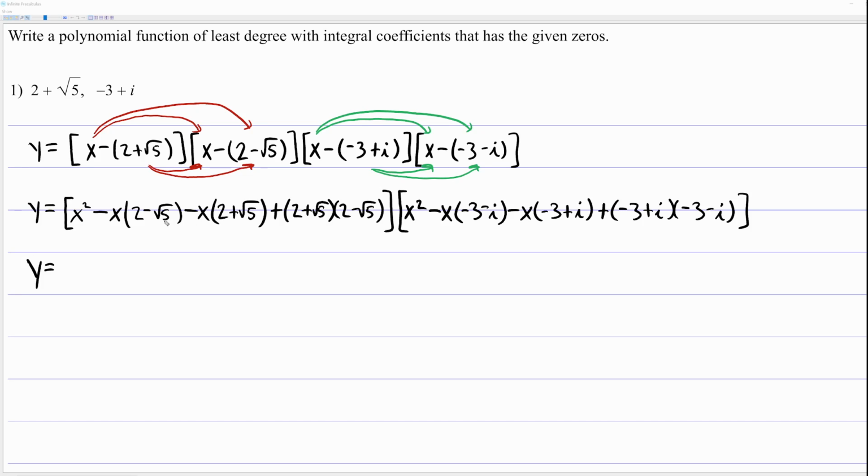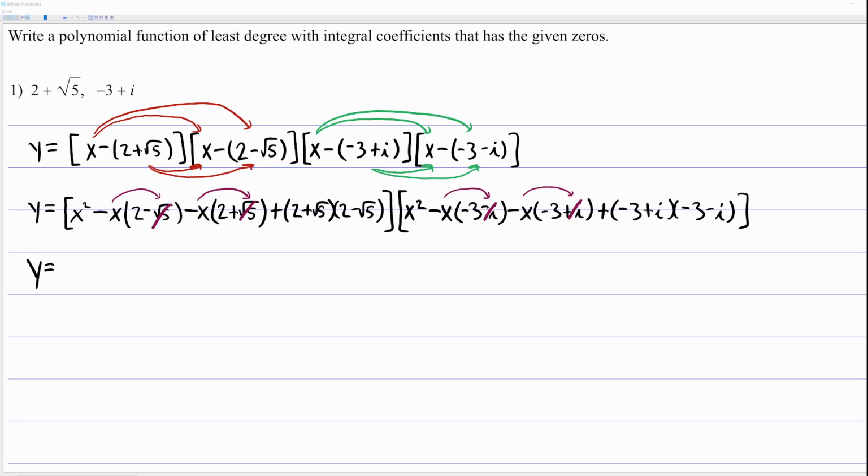So that's positive x square root 5. Here you'd have negative x times positive square root 5. So you'd have negative x square root 5, meaning when you distribute here and here, those cancel. And the same thing's going to happen over here with your imaginary numbers. Here you're going to have plus xi, and here you're going to have minus xi. So those are going to cancel.